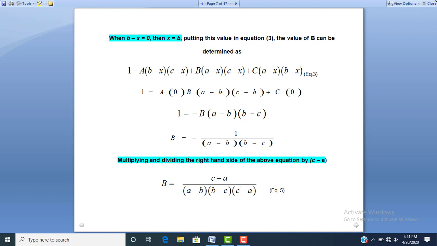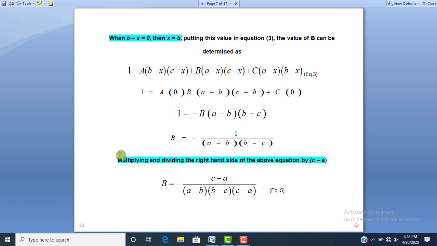Similarly, we will multiply and divide the right hand side of this equation with c minus a. When we multiplied and divided the right hand side with c minus a, this equation became equation 5. So the value of b will be equal to minus c minus a divided by a minus b into b minus c into c minus a.